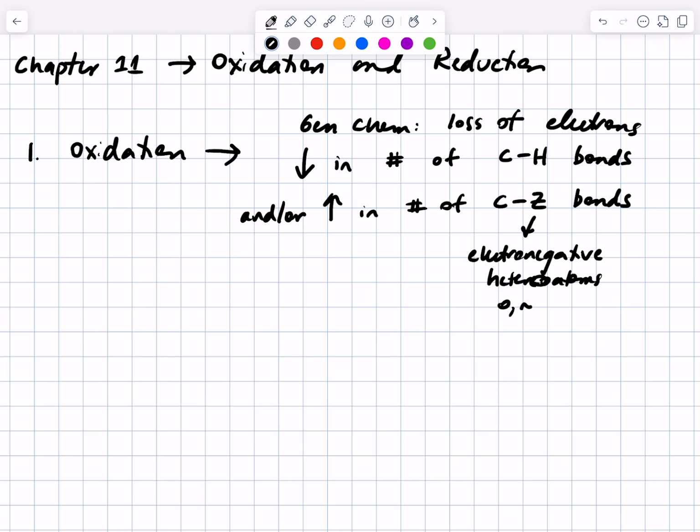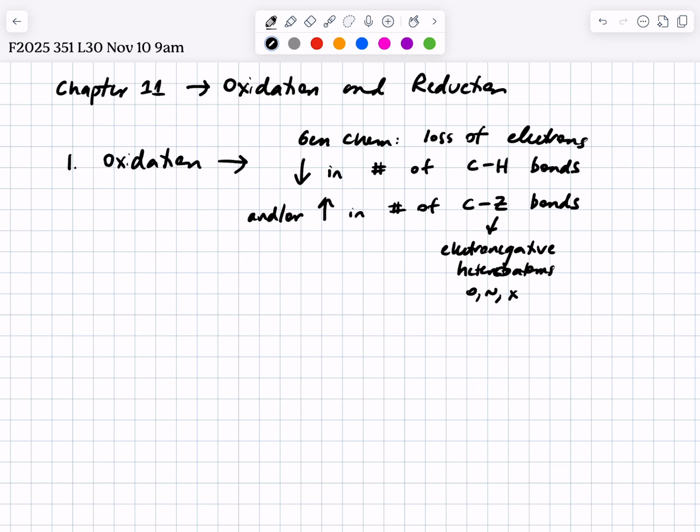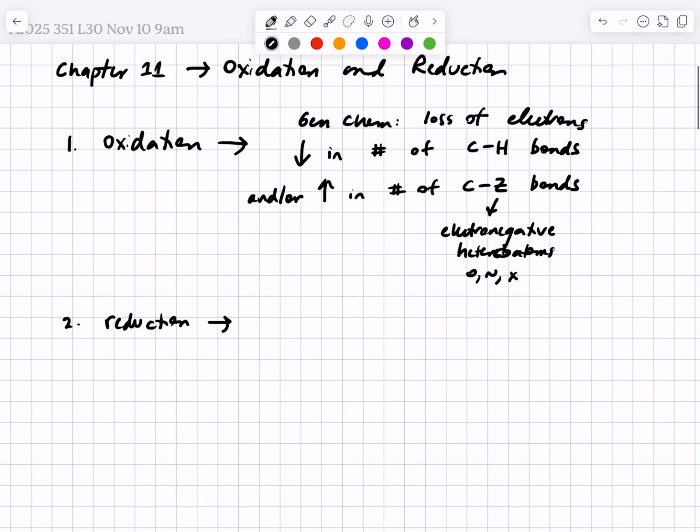We're talking oxygen, nitrogen, halides, and so on. So that's how we're going to detect oxidation. And then reduction, of course, is just going to be the opposite of that.